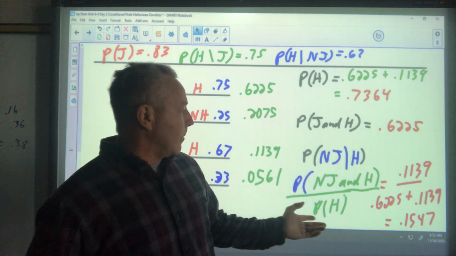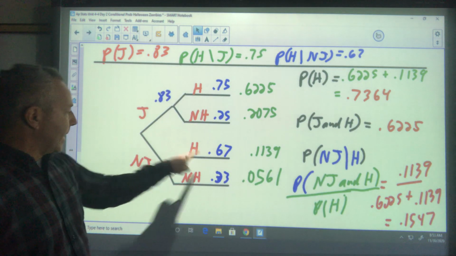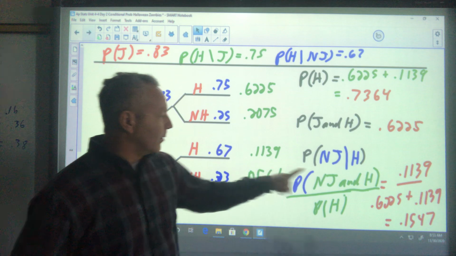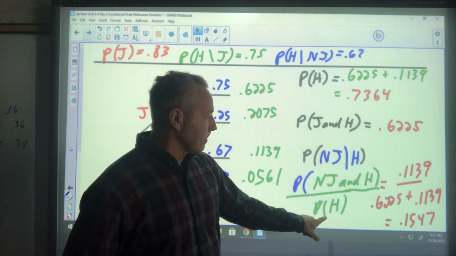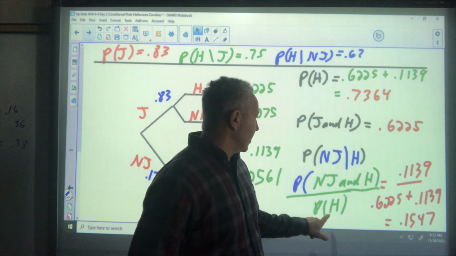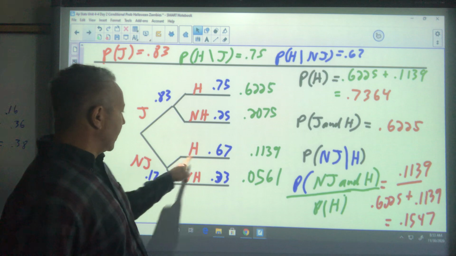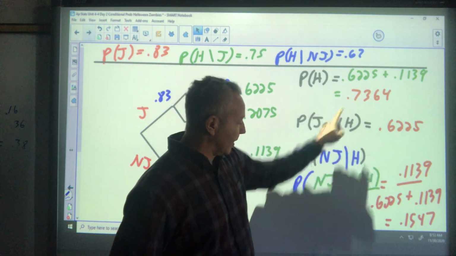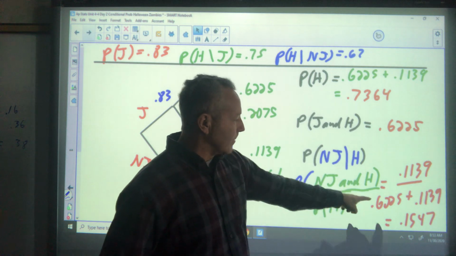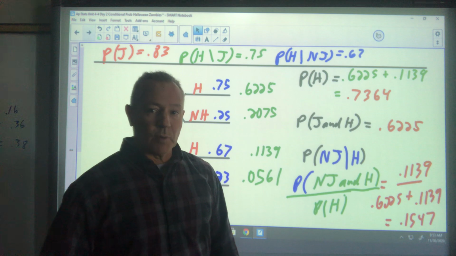So the probability of no job and happy is 0.1139, divided by the probability of being happy. Happy are those people plus those people, and I would add those together as we did up there. That was 0.7364. That's what ends up being on the bottom. Divide those, and my final answer is 0.1547.